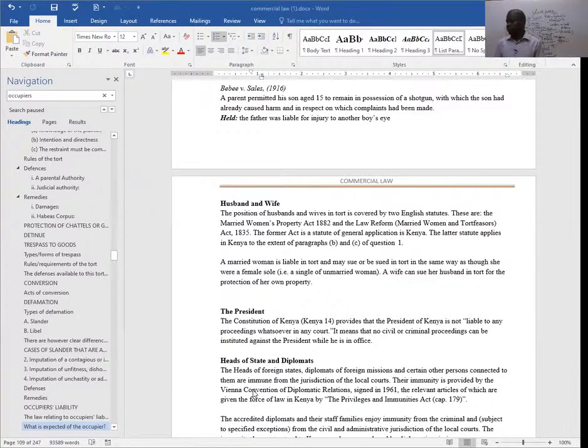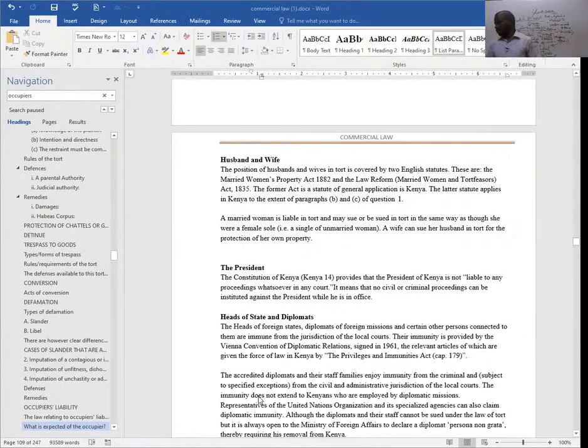But of course, they're immune from any court proceedings while they're still serving as ambassadors or high commissioners in the countries they serve, as outlined in the Vienna Convention of Diplomatic Relations.